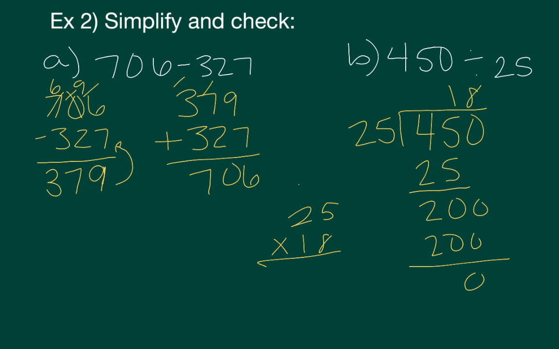8 times 5 is 40. 8 times 2 is 16, plus 4 is 20. Add a 0. 1 times 5 is 5. 1 times 2 is 2. We add these together, and I'm going to get 450. So after we divided and got our answer, which is 18, I checked it by multiplying, and we did it correctly.